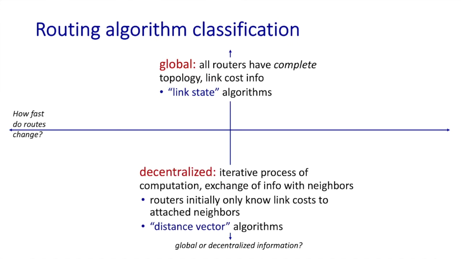In a distributed or decentralized routing algorithm, the calculation of the least cost path is carried out in an iterative, distributed manner by the routers. No router has complete information about the costs of all network links.